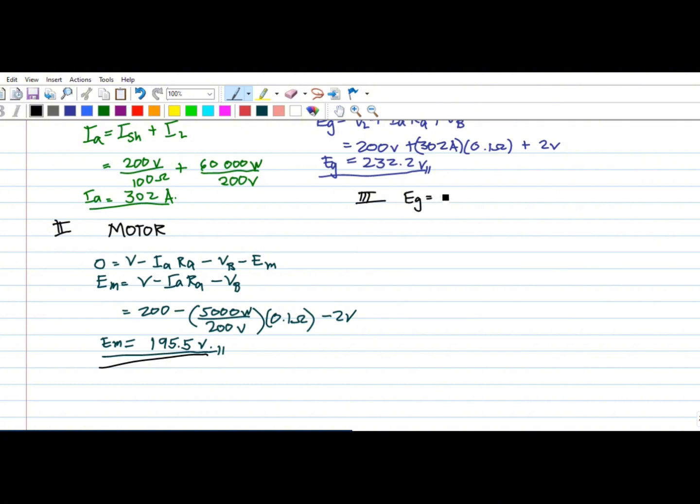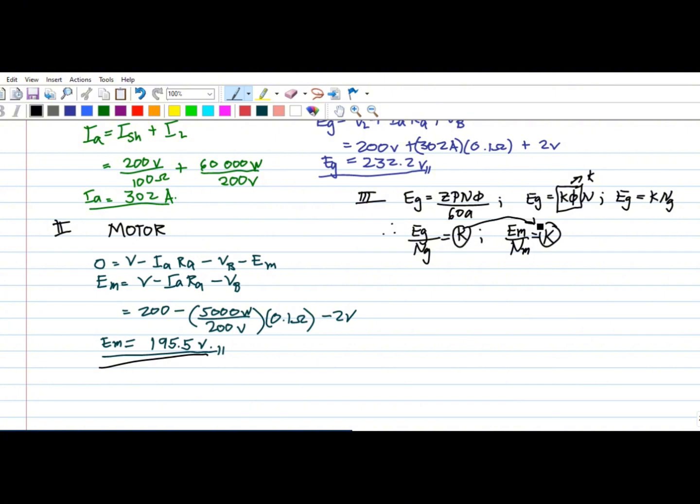E_G is equal to ZPNφ over 60A, or E_G is equal to KφN, where φ and K are not given, so E_G is equal to K N_G. Therefore, E_G over N_G is equal to K. And also as motor, we have E_M over N_M is equal to K. K and K are equal.